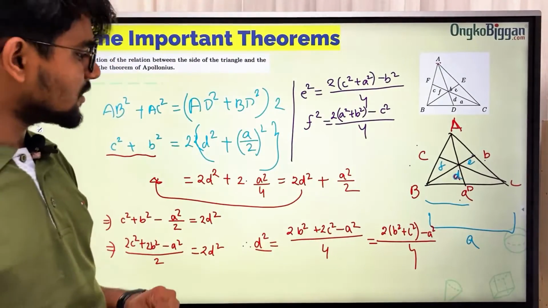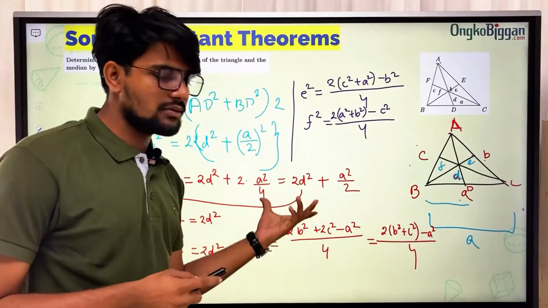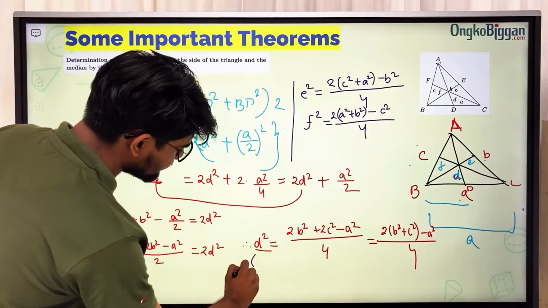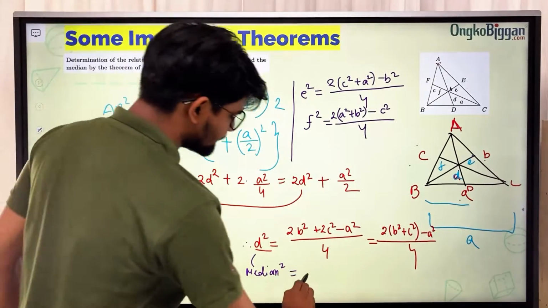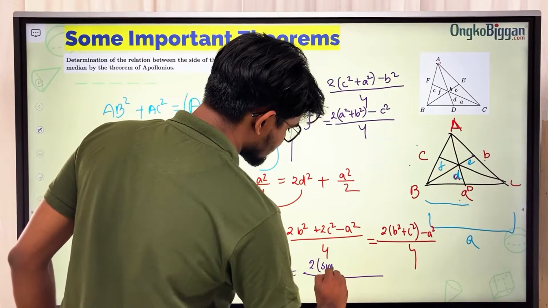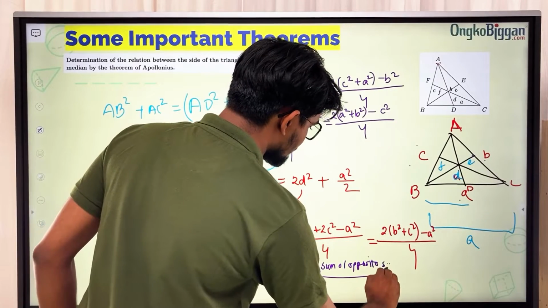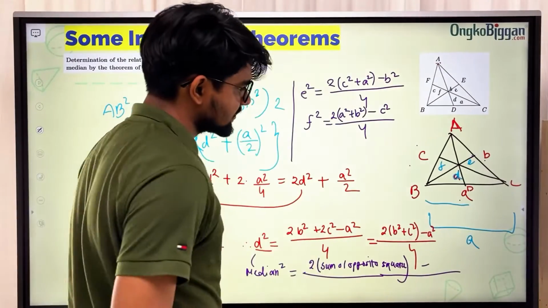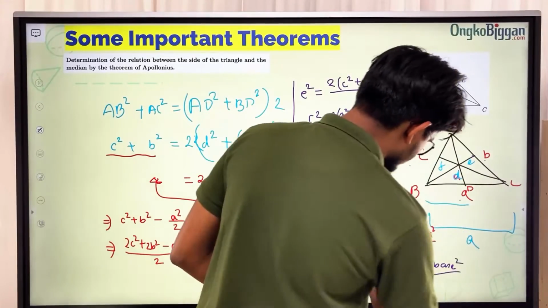So these are the basics of finding the relationship between the sides and the medians of a triangle. The median square is equal to 2 into the sum of opposite squares minus the base square, divided by 4.